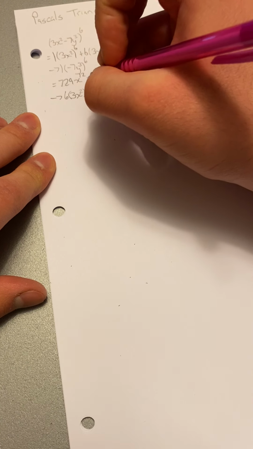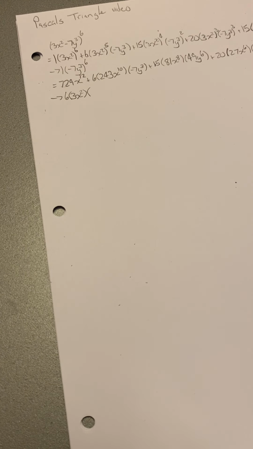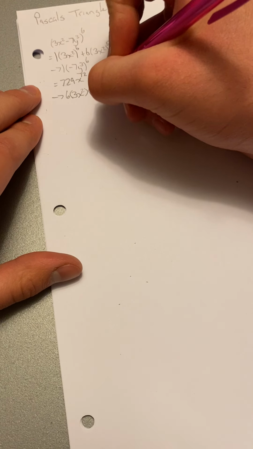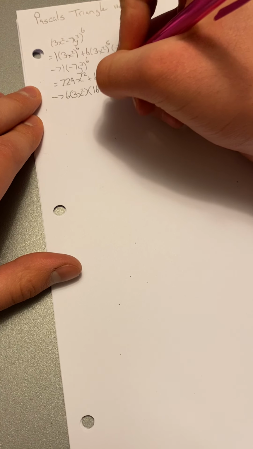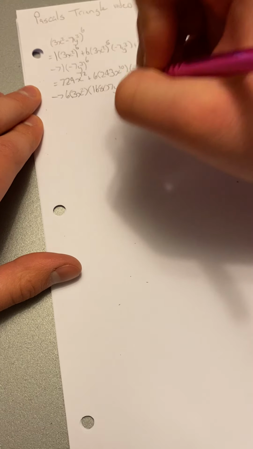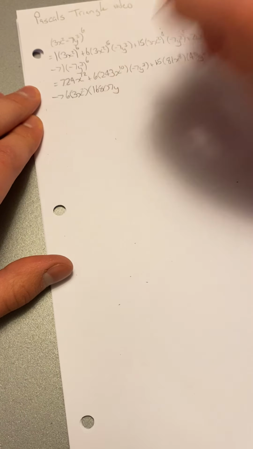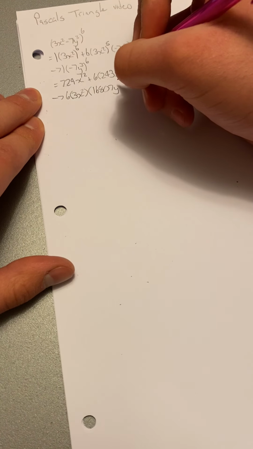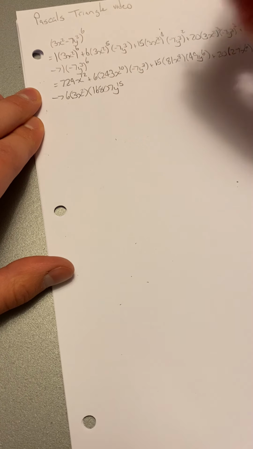The y value is 5, so it's odd, so it's going to be negative, which is negative 7 to the 5, is 16,807 y. Then 3 times 5, which is 15, y to the 15.